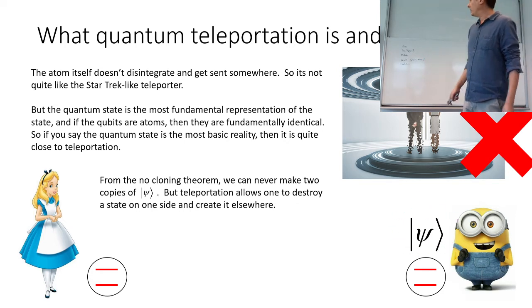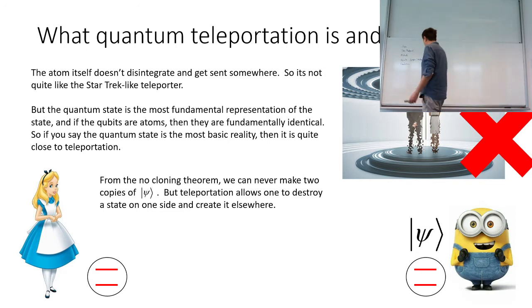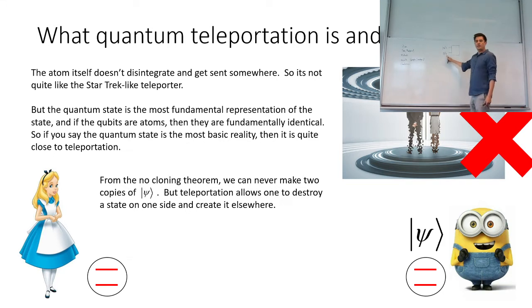So remember from the no cloning theorem, we were saying that if you have some state psi, and let's say you had another qubit that was a blank qubit, just set to 0, there's no circuit that does this. So you have psi, and then out come 2 copies of psi. So this circuit is impossible.